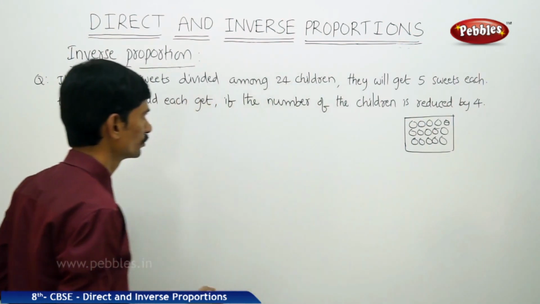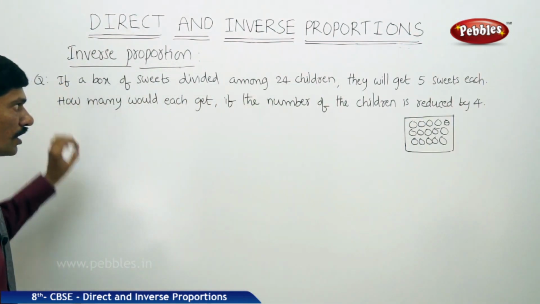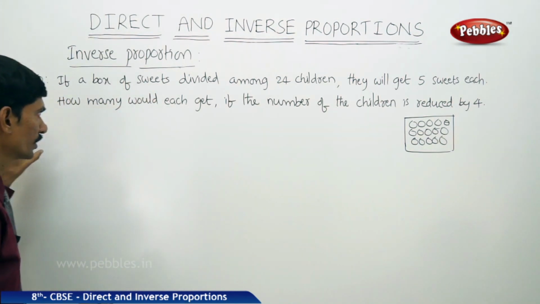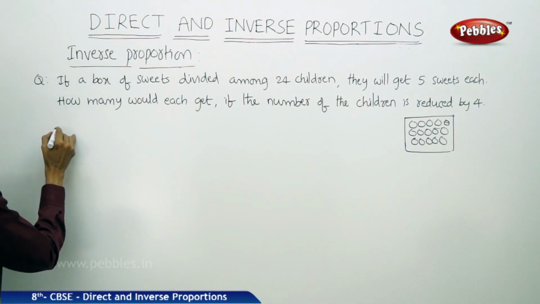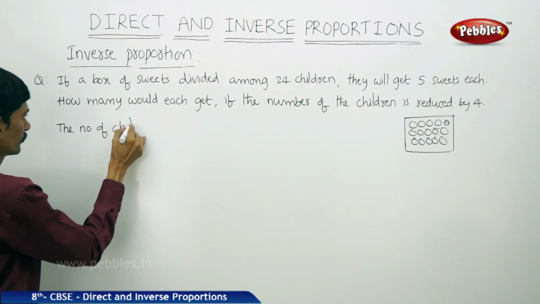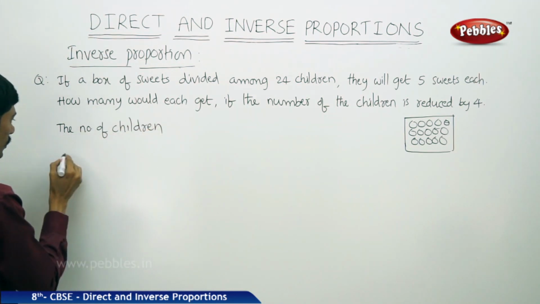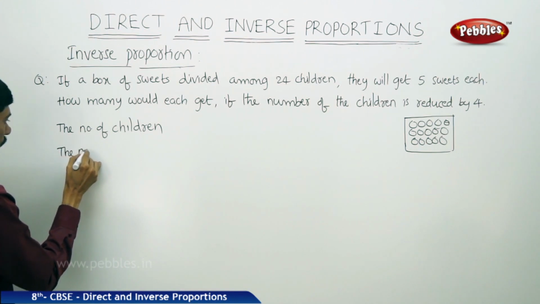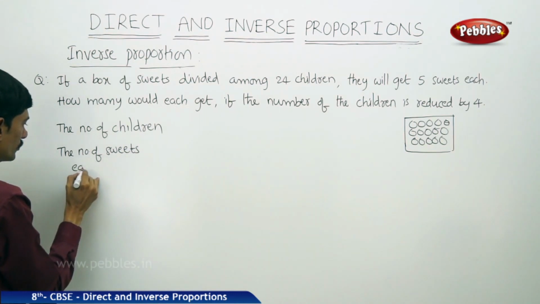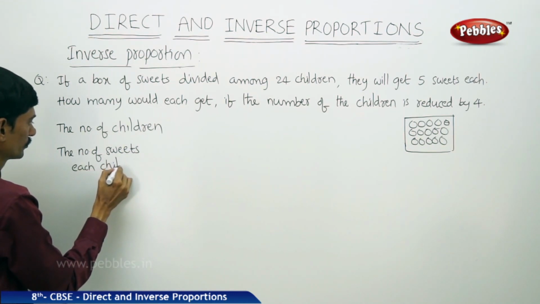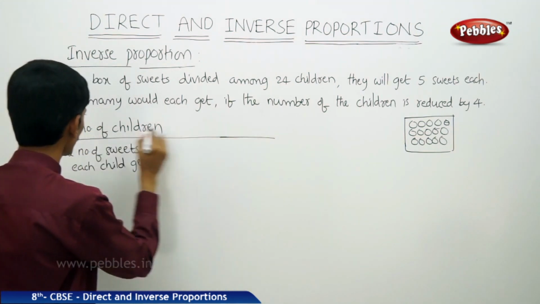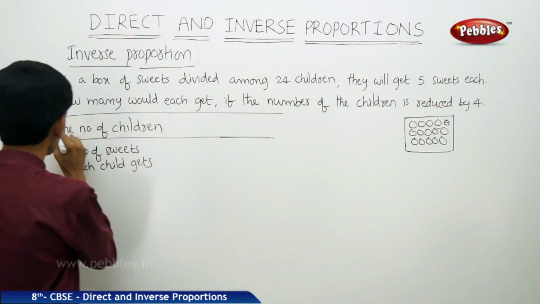Now here the two quantities are there, the number of children and the number of sweets each child gets. So if the number of children is 24, these are the two quantities in this problem.